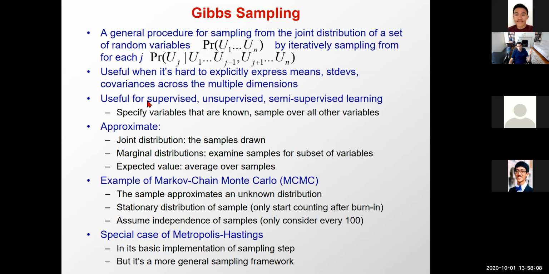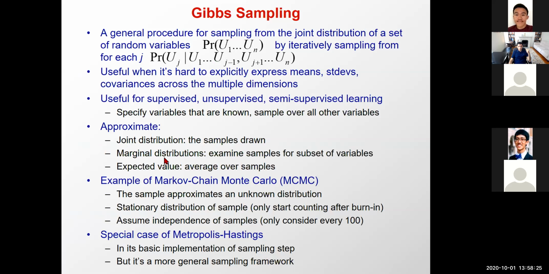And this is very useful for supervised, unsupervised, and also semi-supervised learning, because you specify what variables are known, and then you sample over all of the other variables. This allows you to approximate the joint distribution based on the samples drawn, the marginal distribution based on the samples for a subset of variables, and also the expected value based on the average over the samples.